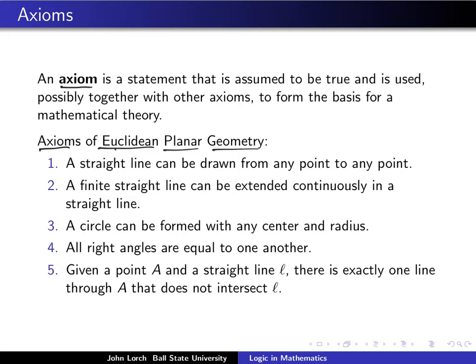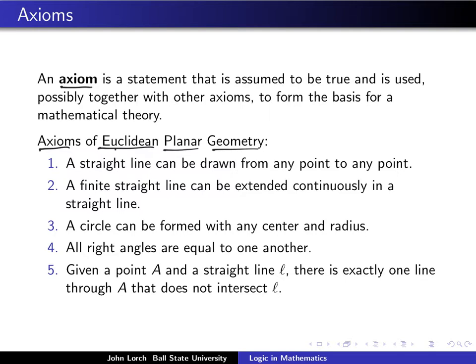So let's go through these assumptions, right? So the first says that a straight line can be drawn from any point to any other point. Second, a finite straight line can be extended continuously. And third, a circle can be formed with any center and radius.